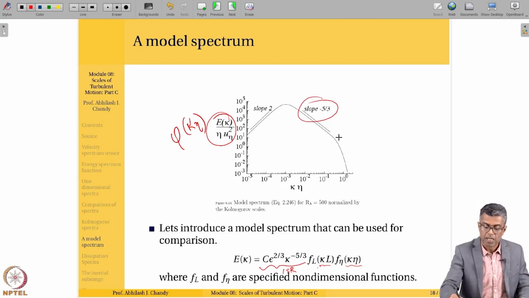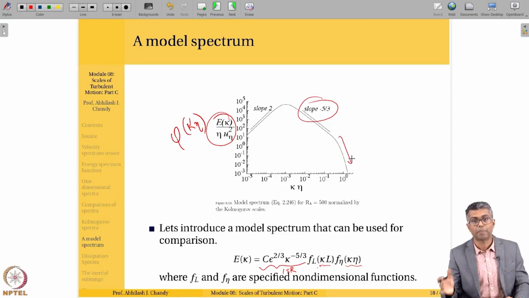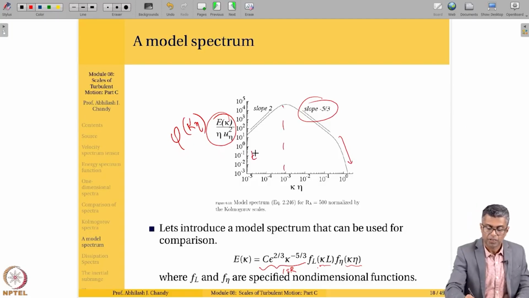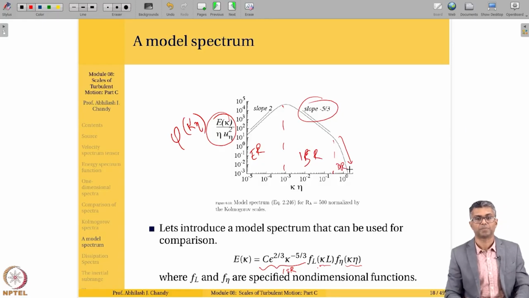And some steep gradient in the dissipation range. So this turns out to be the energy containing range. This turns out to be the inertial subrange, ISR. And this turns out to be the dissipation range. So minus 5/3, that is fixed. We already showed that in the previous slide.